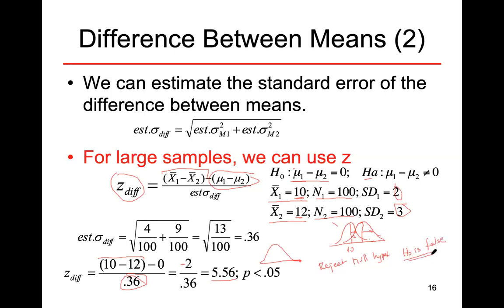Do we understand this part? From the difference between these two groups, do we know where the estimate sigma is coming from? This was explained before. This is like a pooled variance.